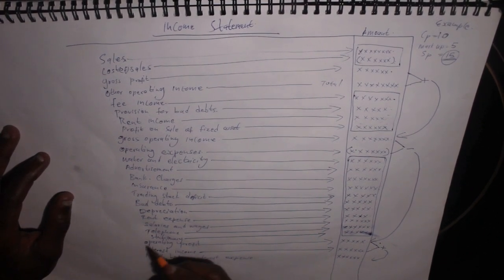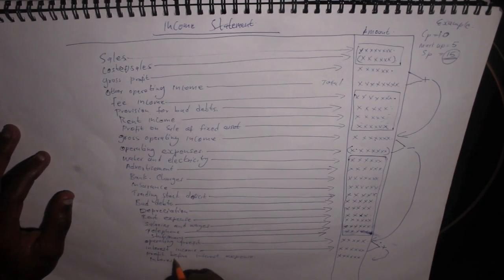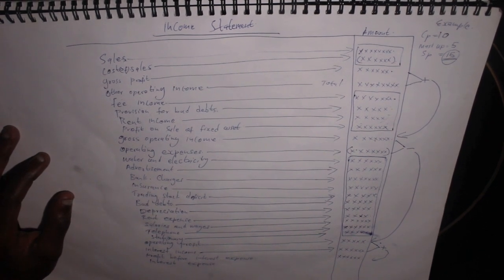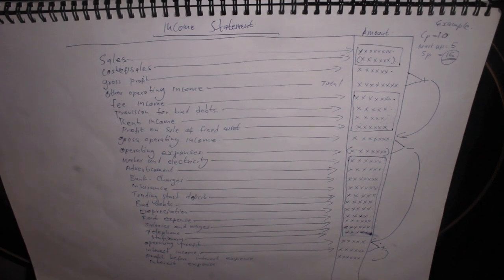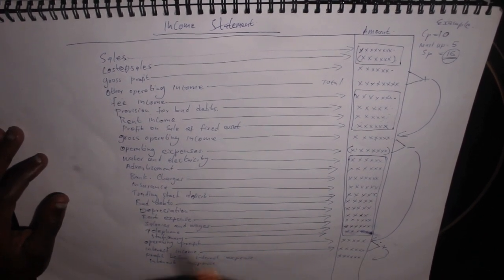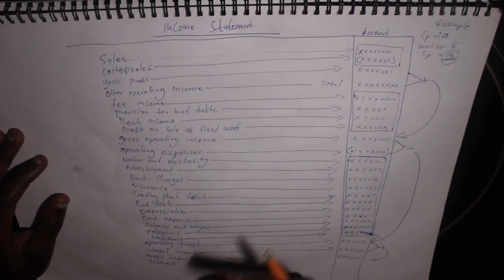Now, we're going to take into account what we call interest expense. To break it down to you, interest expense is the interest that the business pays for the loan that it took throughout the course of the operation. So each and every year, if we took a long-term loan, we have to pay it back with the interest.